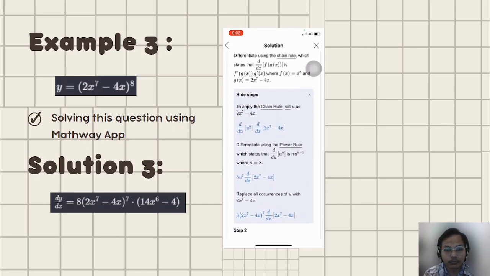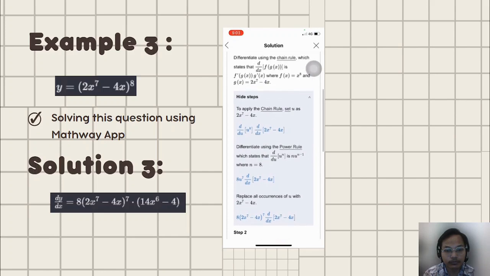As we all know, in differentiation we have the power rule. It is the most basic: every power we bring to the front as a constant and then minus 1.